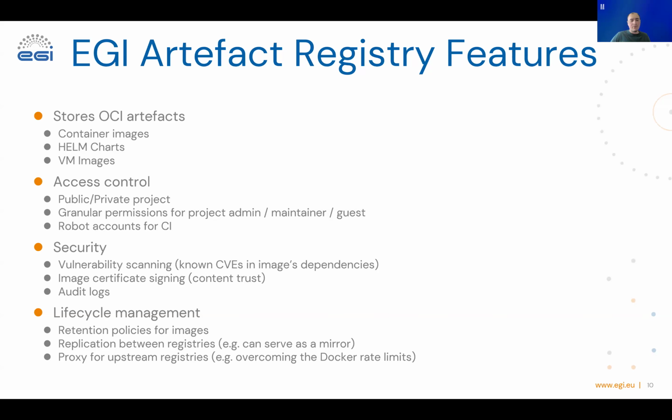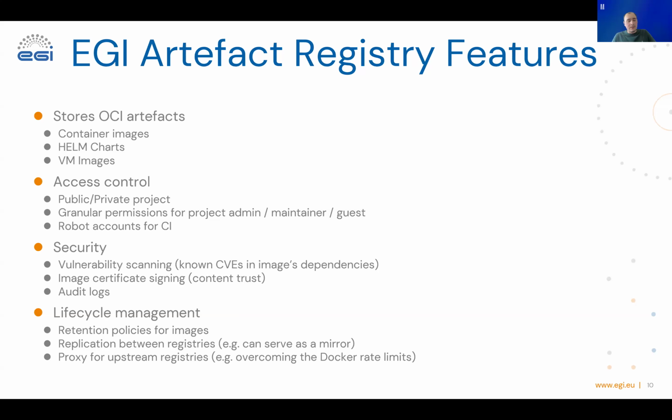So, for example, if you will be using some computing service from the EGI, if it is the Kubernetes service, then we can set it up so that Kubernetes will ask the EGI Artefact Registry to use the known image, for example, from Docker Hub. So it is downloaded only once, and then Kubernetes only talks to the EGI Artefact Registry.